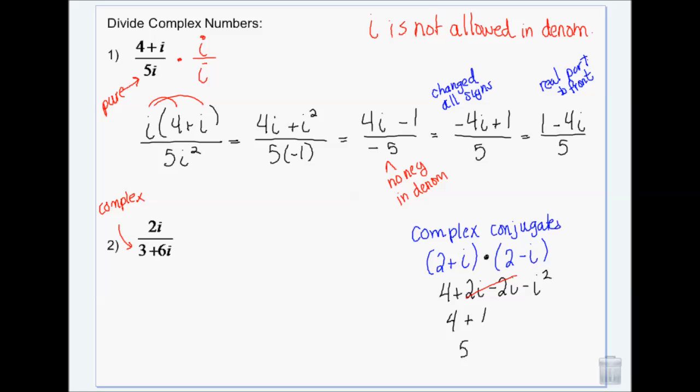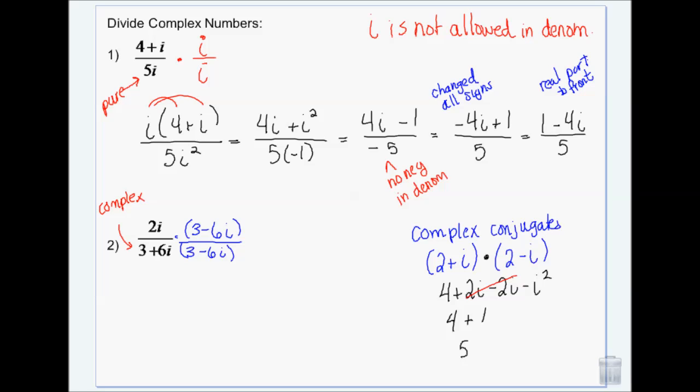So what we have to do is multiply this by its complex conjugate. If we have a plus here, you multiply it by a minus. If you have a minus, you multiply it by a plus. Does that mean you multiply all or just bottom? The whole thing. You have to multiply the top and the bottom by the same, otherwise you've changed the value. So I multiply by 3 minus 6i because I had 3 plus 6i.